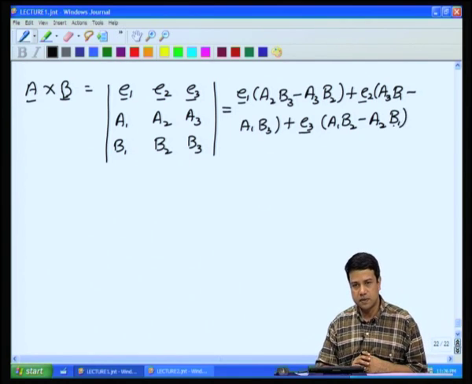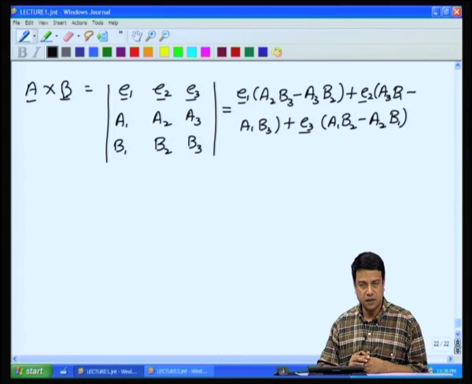So, that is the cross product written out in long form. It is a vector which is perpendicular to both vectors A and B, and it is equal to 0 if both vectors are collinear.